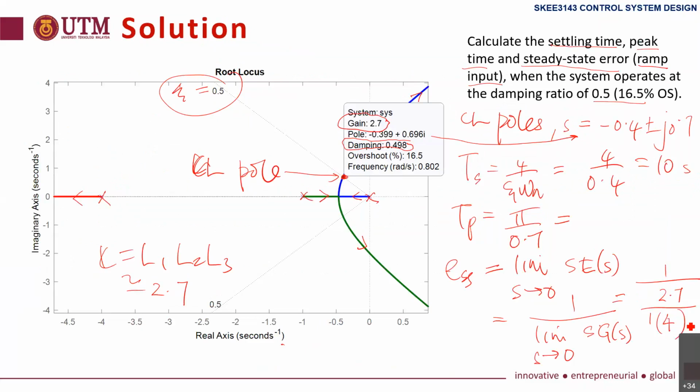That is actually 4 over 2.7. This is the error. Okay, please revise error. That is very important.